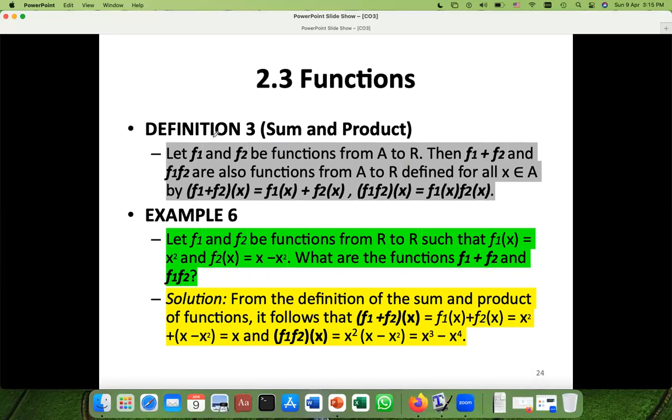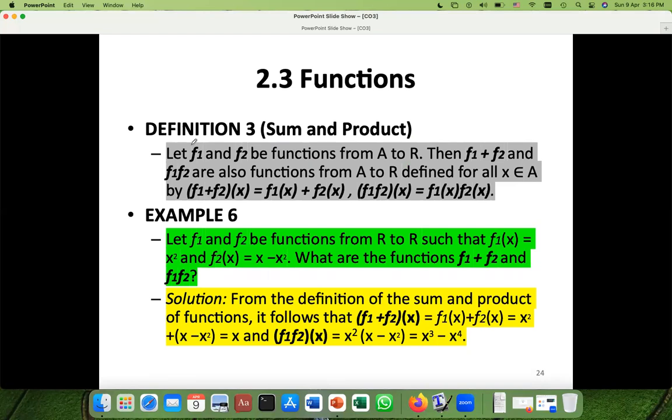So if you have two functions, for example, you can apply the concept of summing up two functions together, or you can apply the concept of product over the functions. For that, you must have two functions.